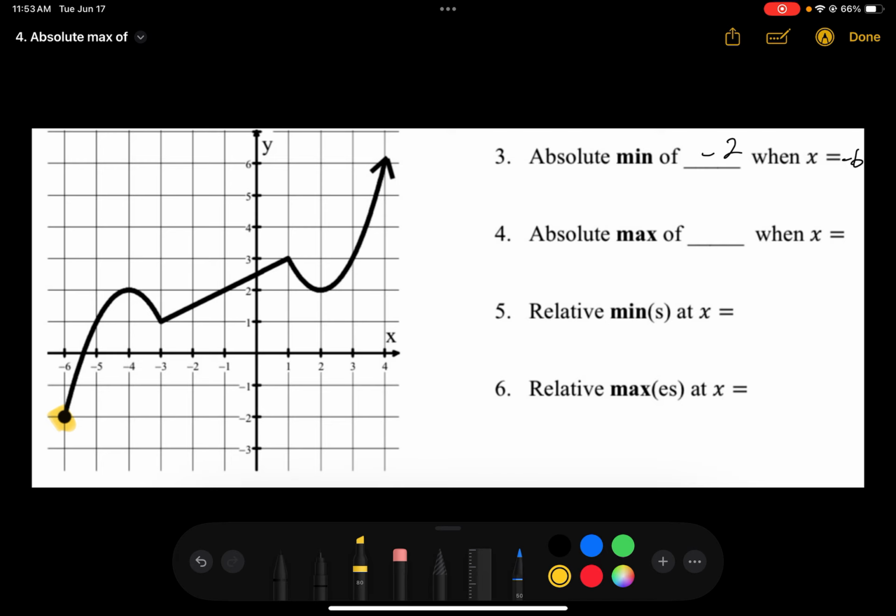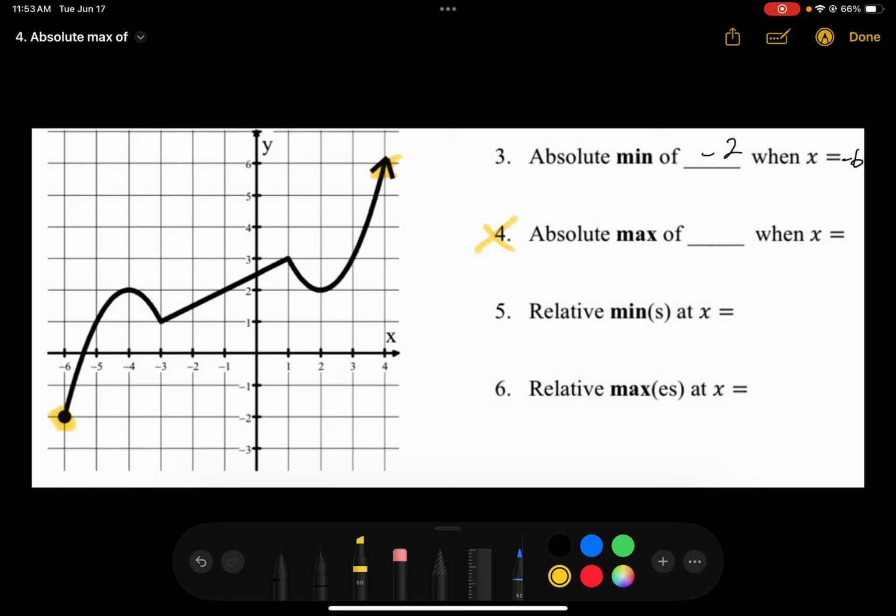Next, we're trying to find the absolute max, and you're probably saying, oh, it's right here. Well, actually, it's not. That arrow indicates that it goes on forever and ever to infinity. So in this case, we have no absolute max.